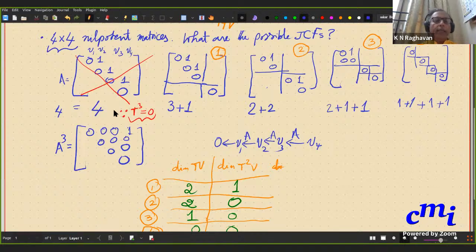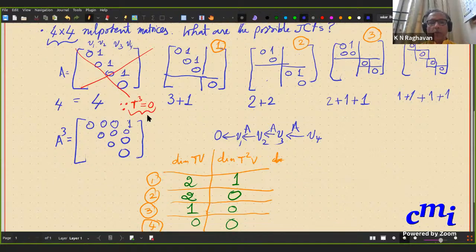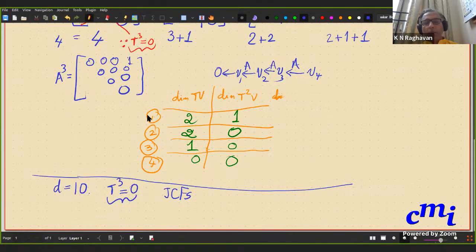No, right? Because the cube of this matrix is not 0. So what kind of partitions of 10 should I take?